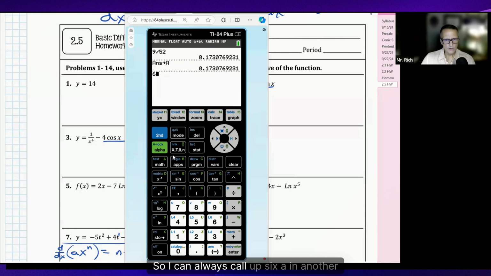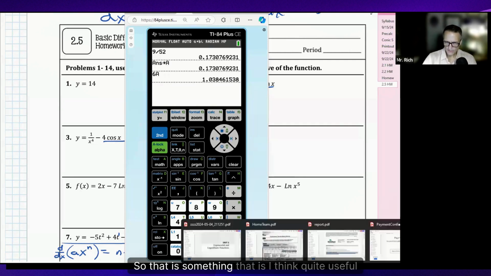So I can always call up 6A in another calculation, right? 6A, and there it is. So there's 6 times A. And every time you store, it's going to overwrite one of the values, one of the locations within the memory. So that is something that is, I think, quite useful that a lot of students don't know about.